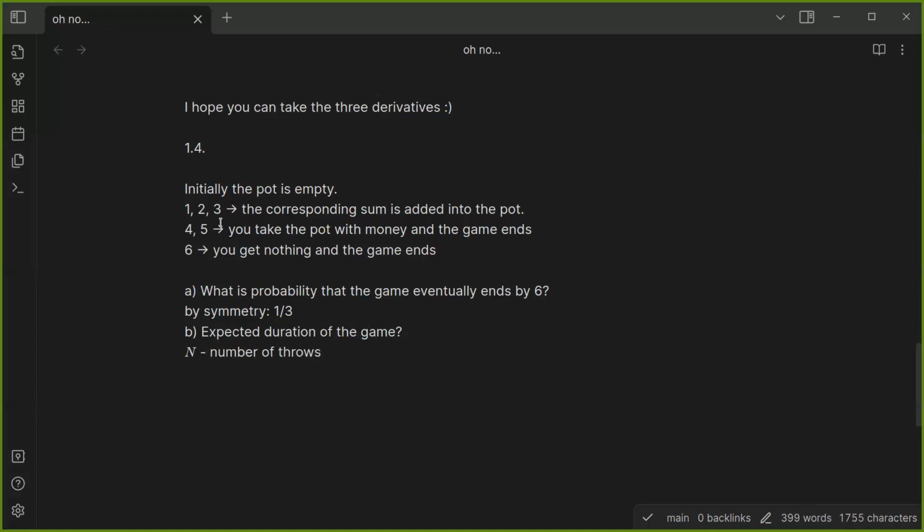And because we don't need to calculate the variance, we will simply use the first step analysis directly to get the expected value of n. We will not use the moment generating function like in the previous example. I feel that it was a little bit hard for you, your first encounter with the moment generating function, but don't be afraid.